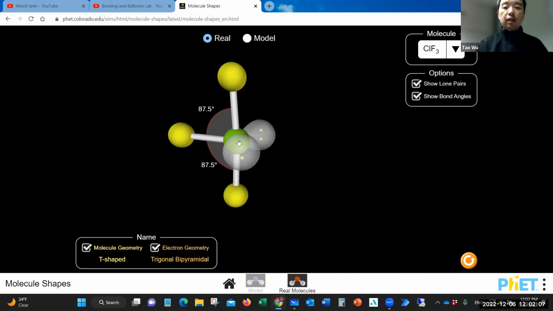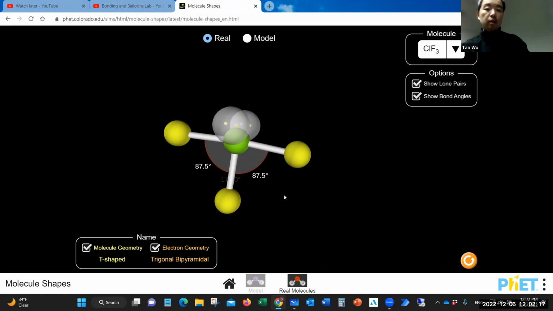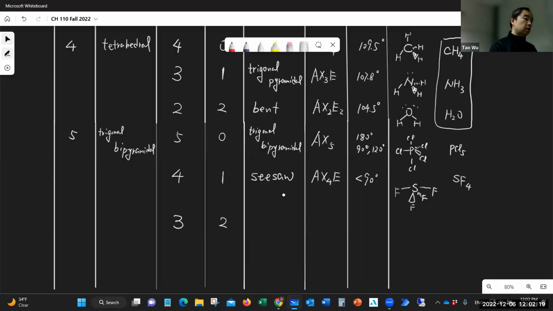This gives us another name, called a T-shape. You see, this guy looks like a T, right? It's a T-shaped structure. The formula is just AX3E2, since they have 3 side atoms and 2 lone pairs.